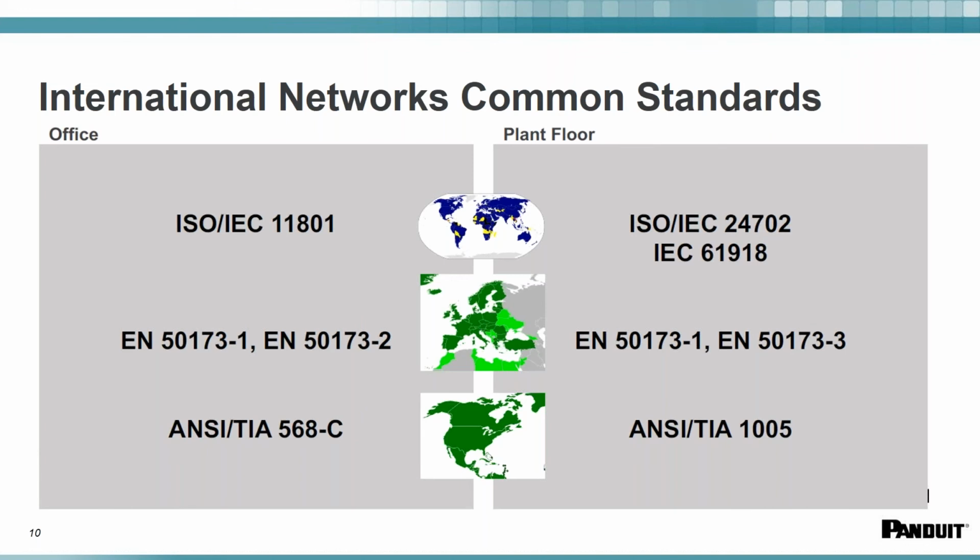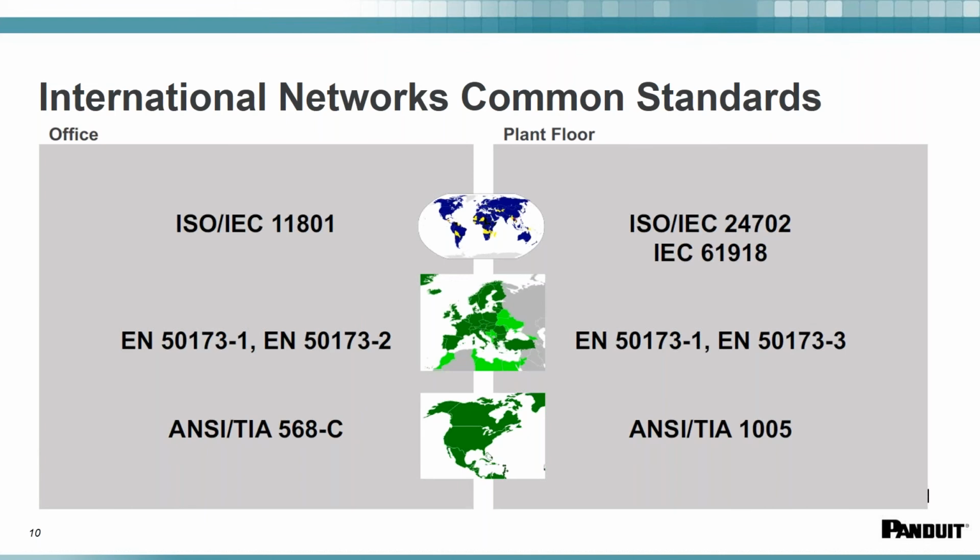On a worldwide basis, the IEC 11801 is the Ethernet standard that exists for all office architectures. It is different when it comes to the factory floor, where it is known as the IEC 24702, and an ISO global standard is what is implemented worldwide.